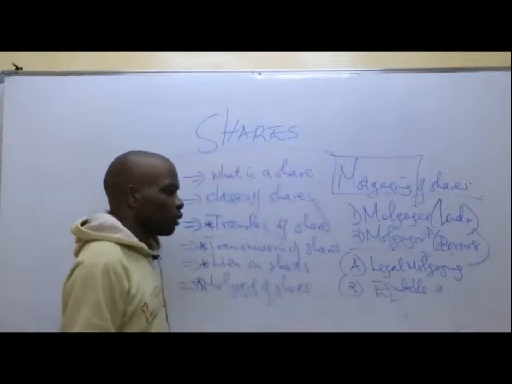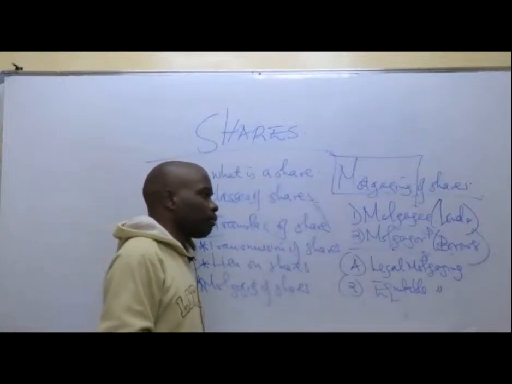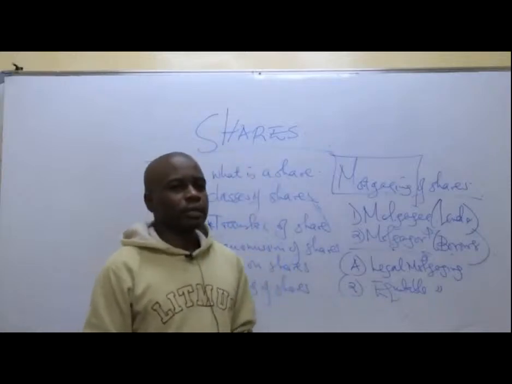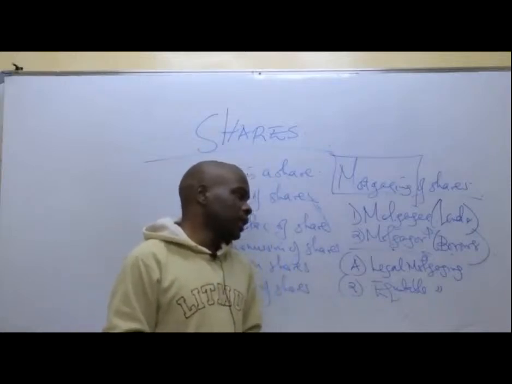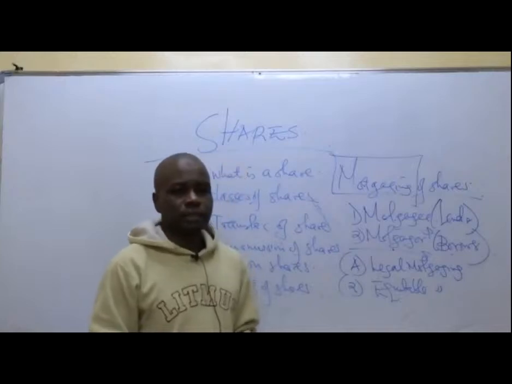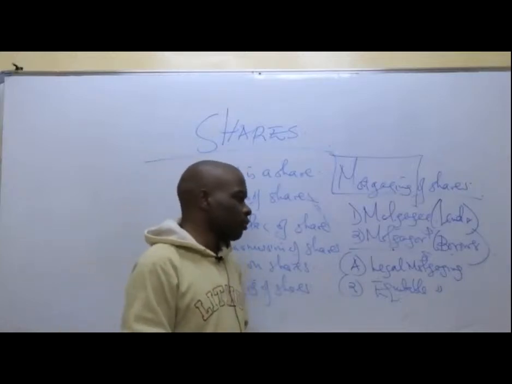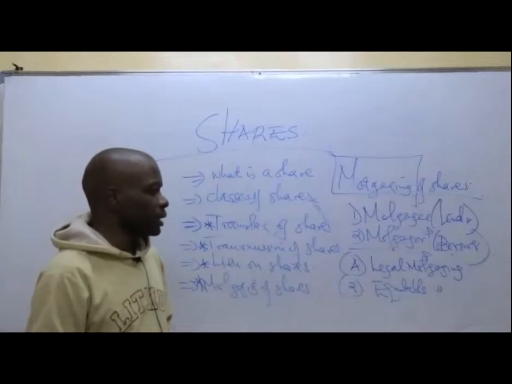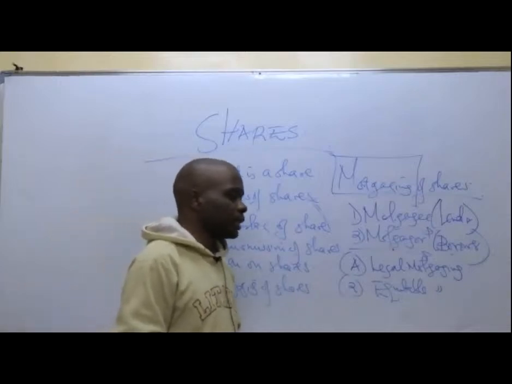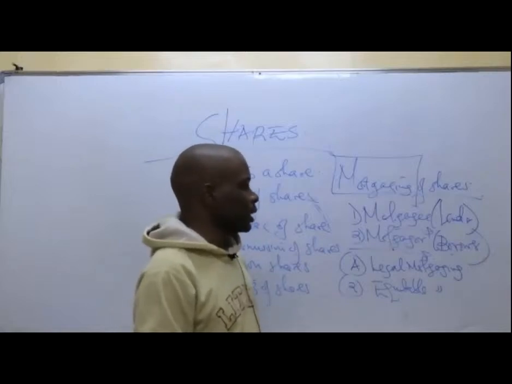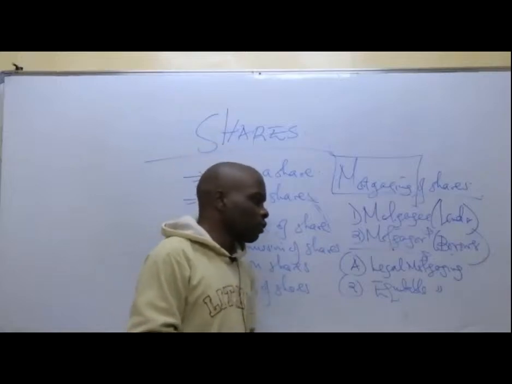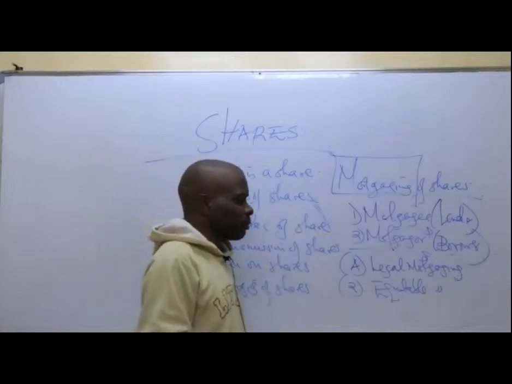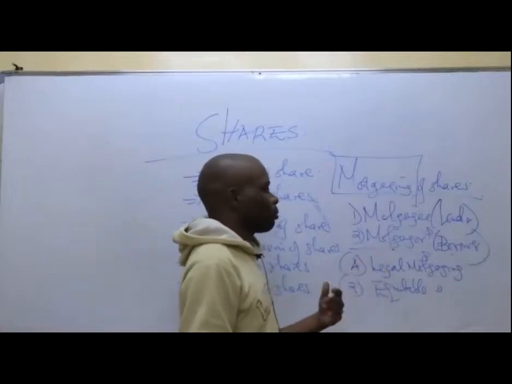Legal mortgaging of shares is where a borrower deposits with the register of companies a blank share transfer form, plus the share certificates of the shares that he has in the company. Then the lender will fill out that share transfer form and transfer the shares into his or her name until the borrower, the mortgager, is able to pay off the loan.